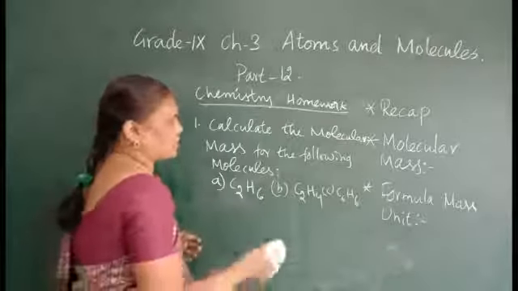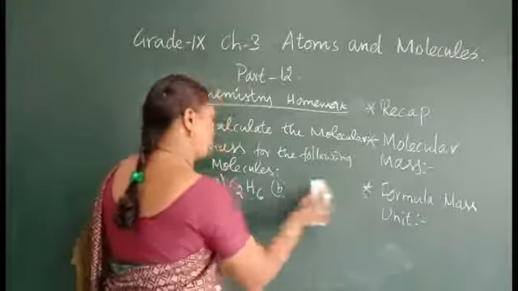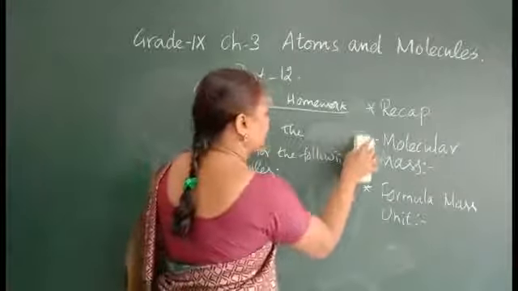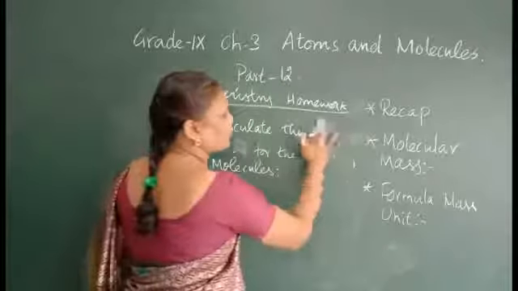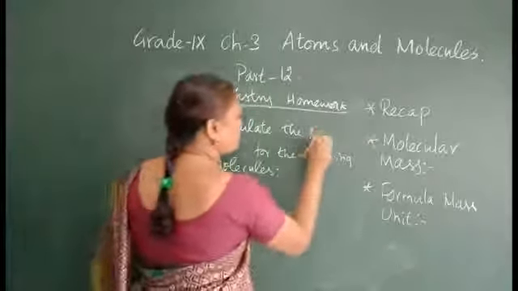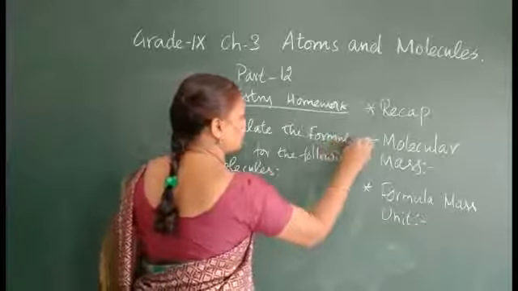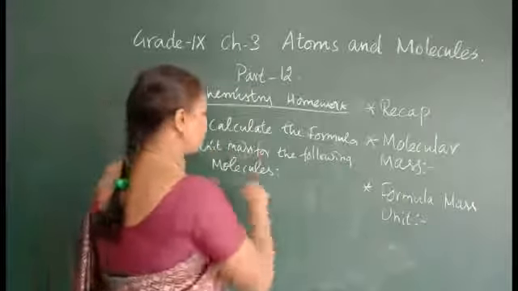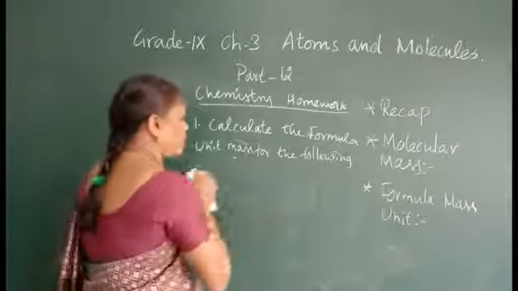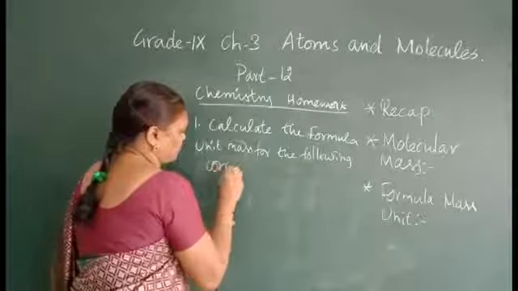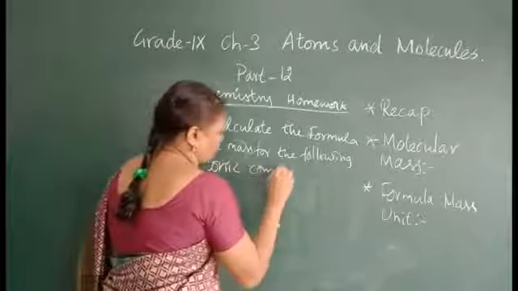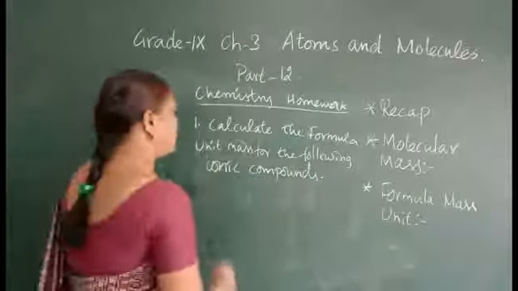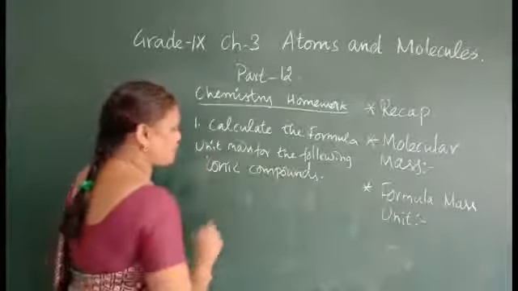And the second question is, you're going to find the formula unit mass for the following ionic compounds. Calculate the formula unit mass for the following ionic compounds.